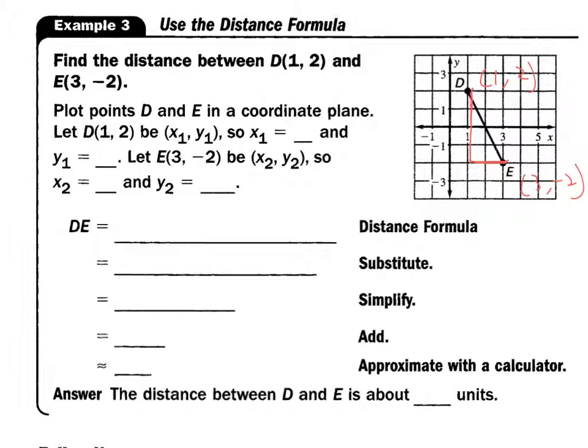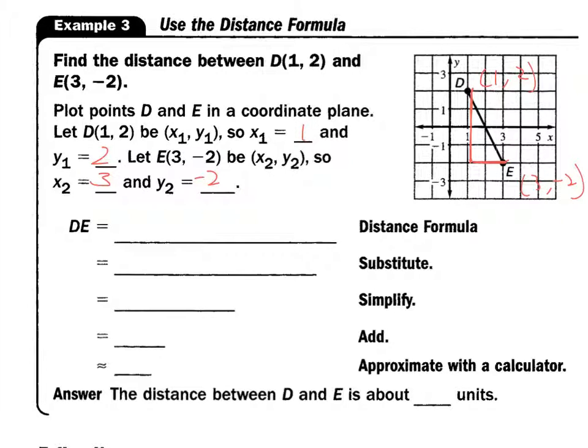And if we have a triangle, we can use the Pythagorean theorem, right? So also notice that my x1 is 1, my y1 is 2, and so my x2 is 3, my y2 is -2, right?